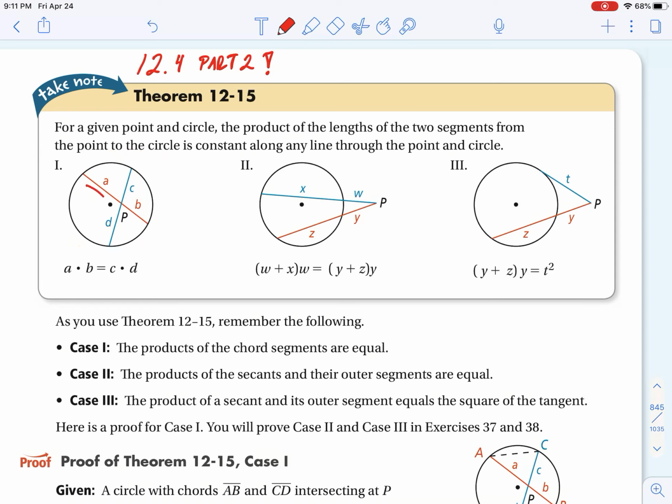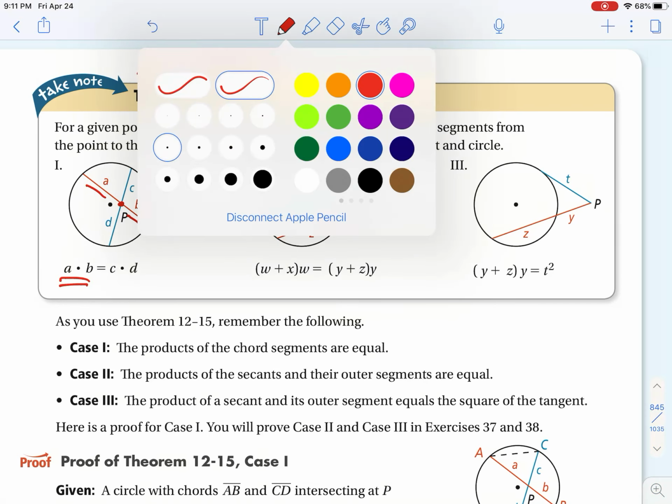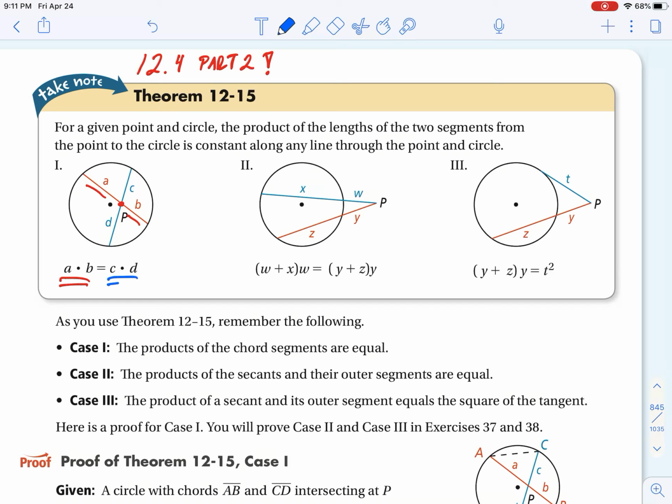We're going to take the length of A and the length of B, and those lengths are created by that intersection there. We're going to multiply those, and they are simply going to be the same as if we took the other chord and split that up into its two components. Okay, so there's case number 1.